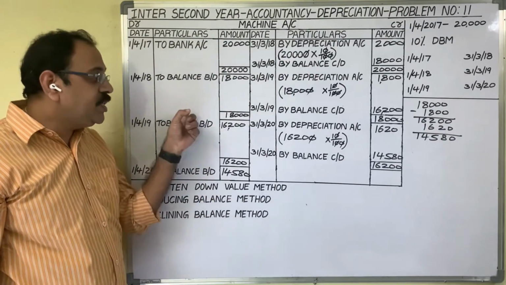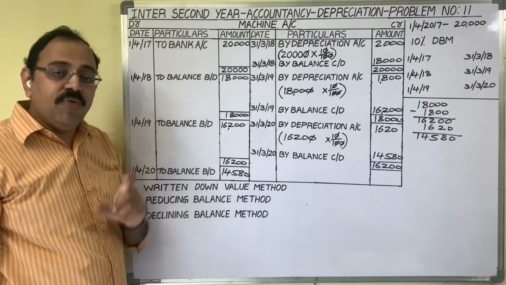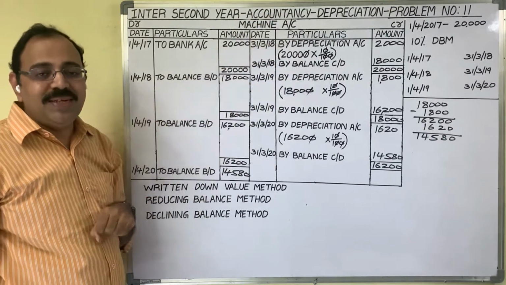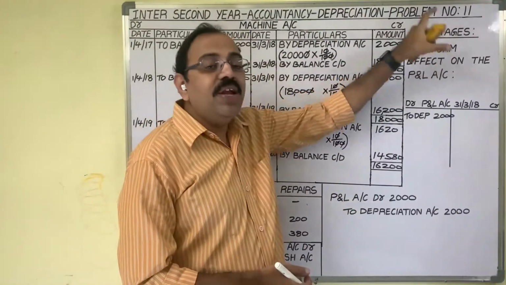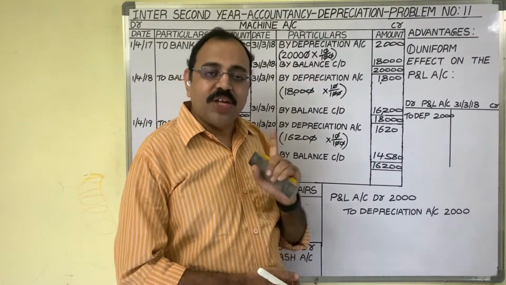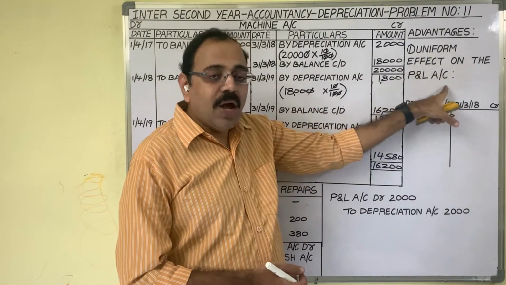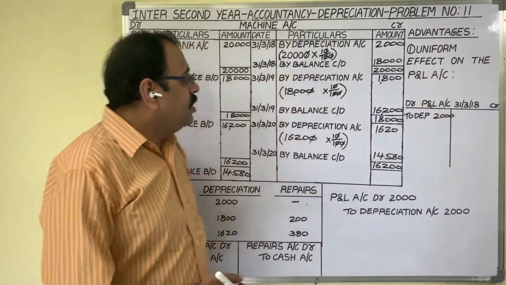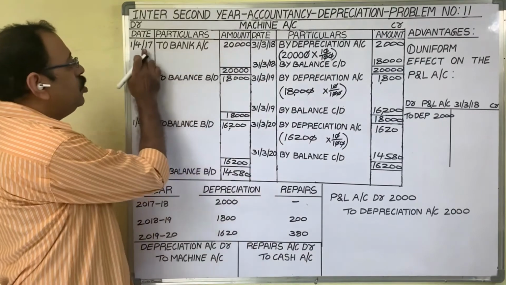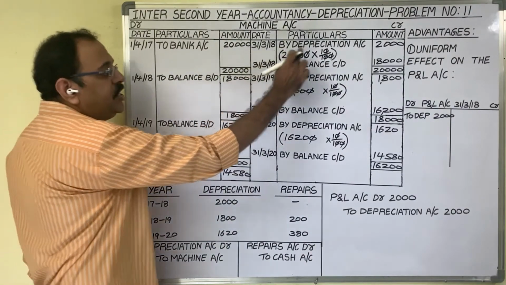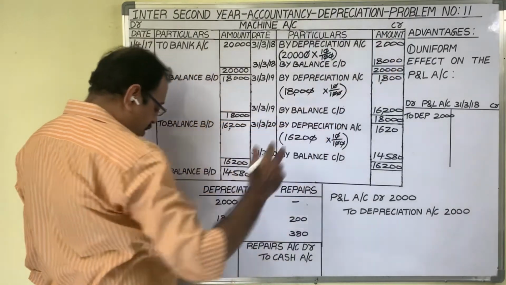With the help of this problem, let us see the advantages and disadvantages of diminishing balance method. Advantages of diminishing balance method. First point is uniform effect on the profit and loss account. See the first year 2017-18. For first year, depreciation amount is 2000.